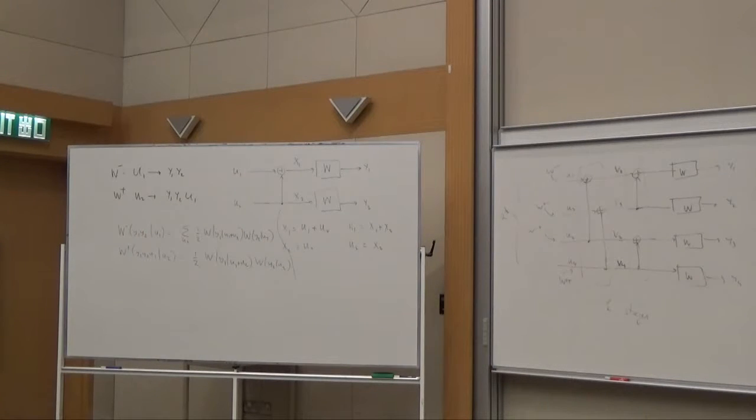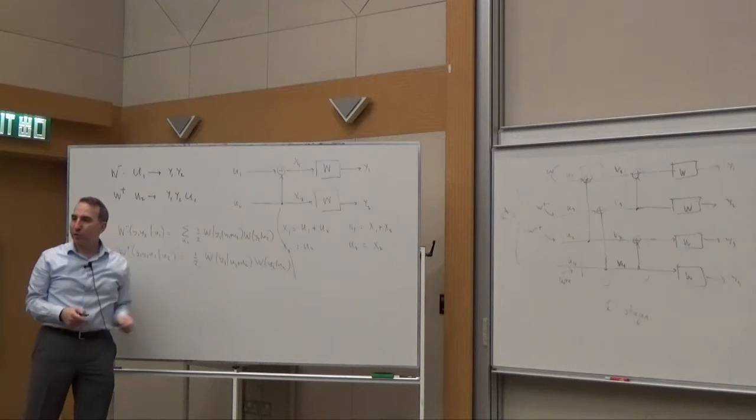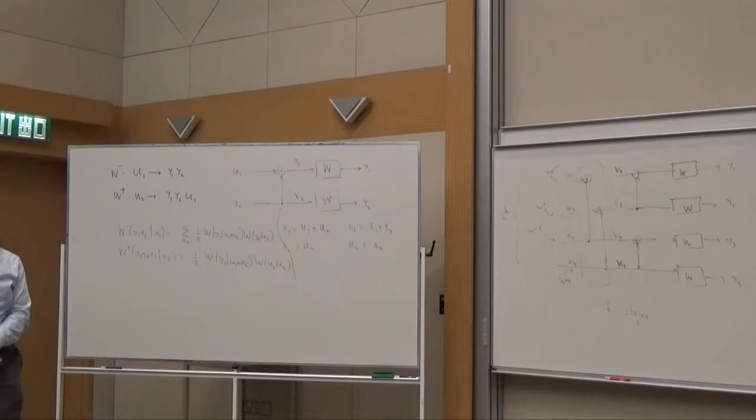So essentially I can compute the likelihood function for W minus from the likelihood functions of the constituent W's.